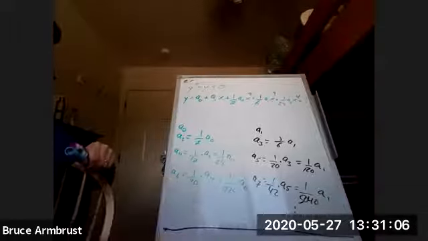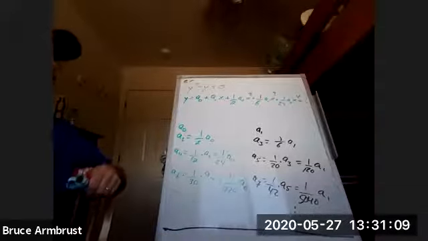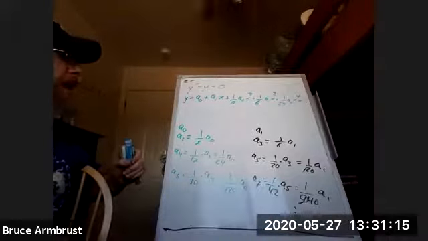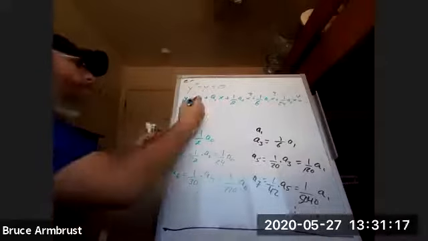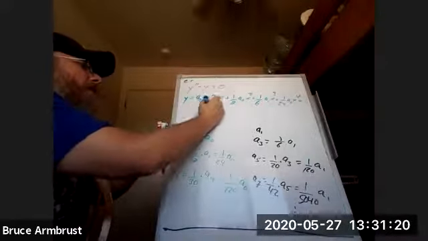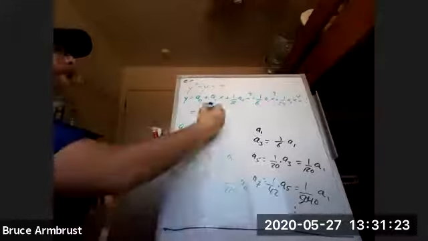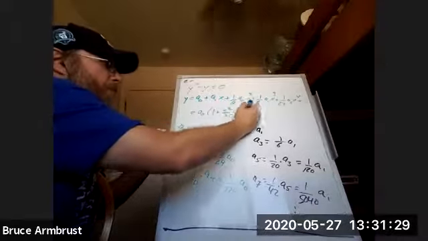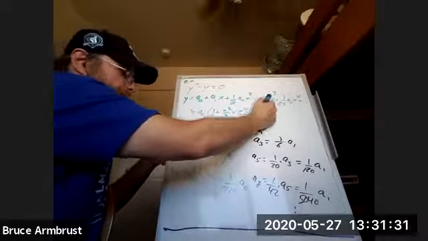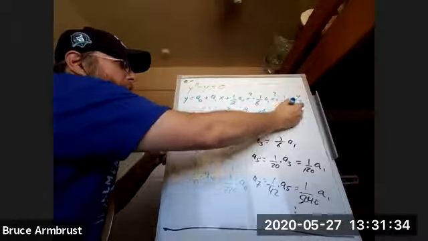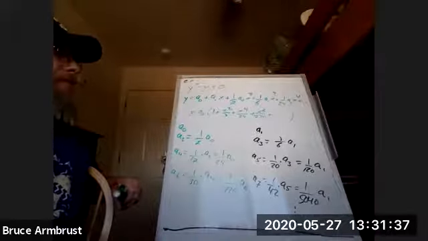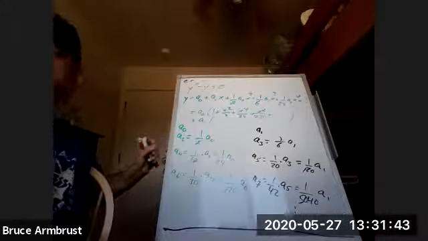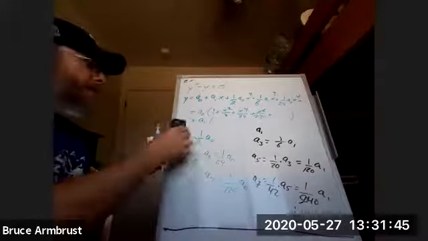Now, I know it doesn't look at all like what we know the solution is, but here's what I want you to notice. I can actually break this into two pieces. Look at all the ones that have an A naught. If I factor those out, I get 1 plus x squared over 2 plus x to the 4th over 24 plus x to the 6th over 720 plus and so on. And then I can add to that one that has all the A1s.